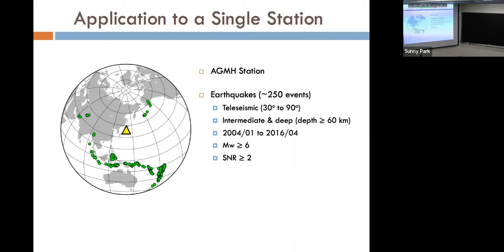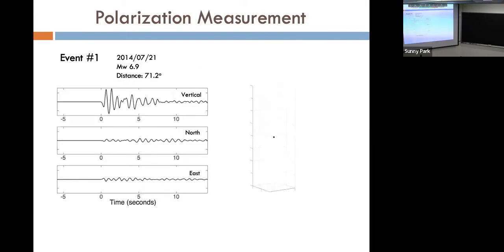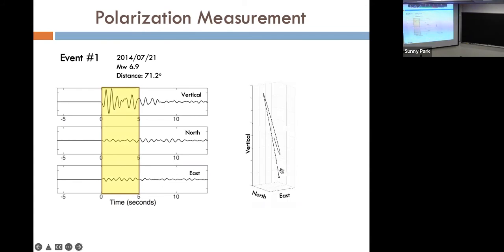Let's pick one earthquake here and look at the data, and that would look something like this. Here we have 3 component data: vertical, north, and east component. You can see that most of the energy is in vertical in this case, so we are looking at the P wave data here. What we can do is take this time window and translate that to this 3D space, and as time goes, the particle motion is doing something like that.